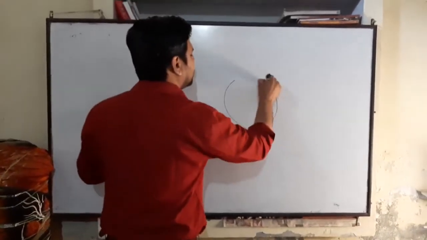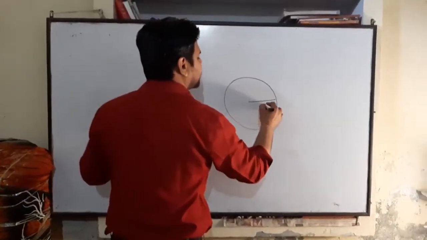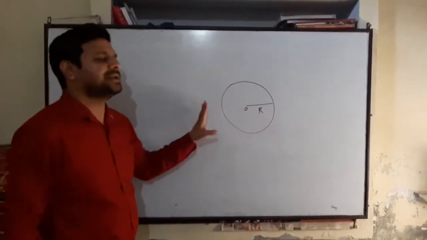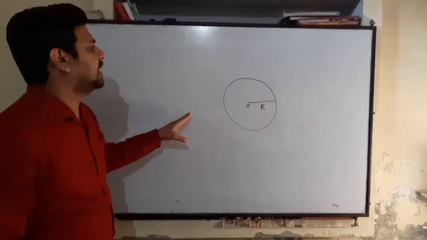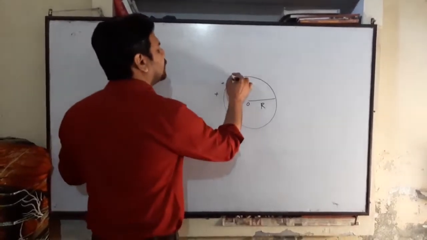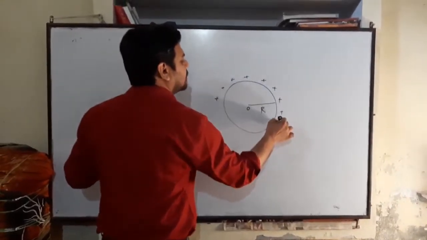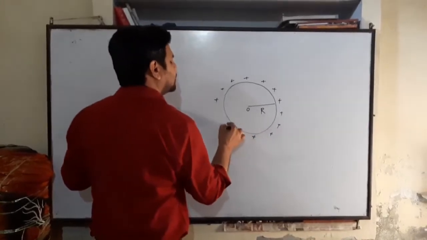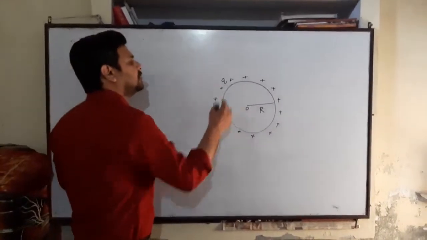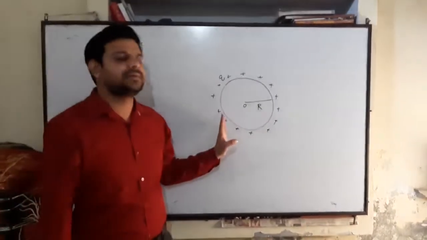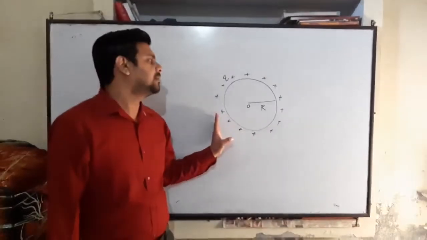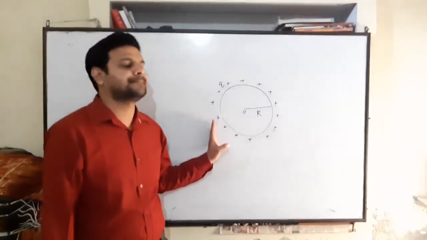Consider we have a shell of radius R. This is the center. It is a conducting shell. Let a charge plus q be given to this shell, which is uniformly distributed on the surface of the spherical shell.